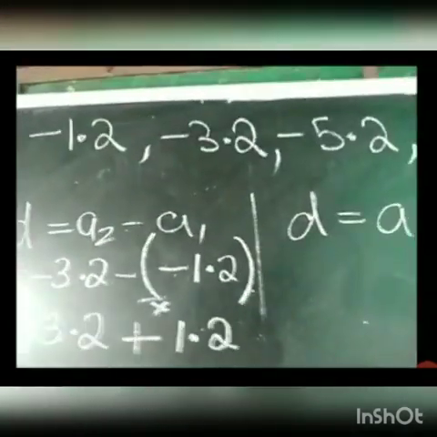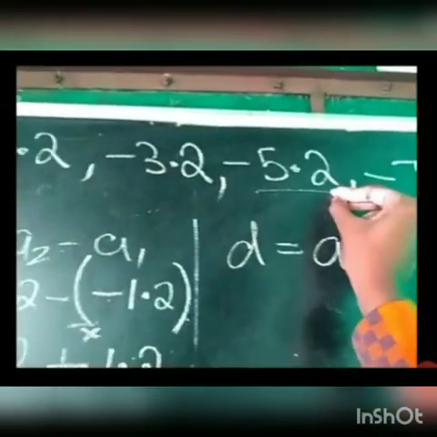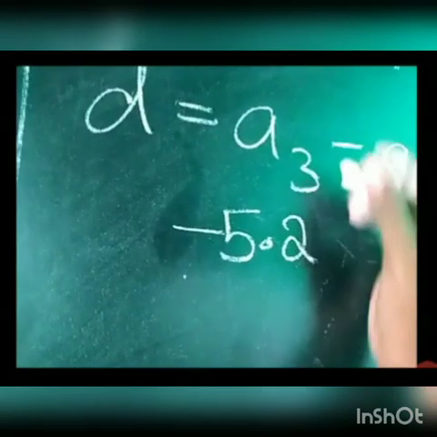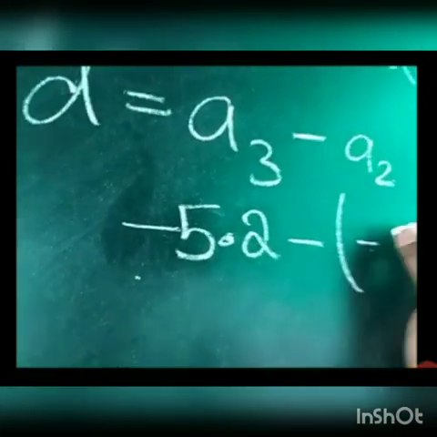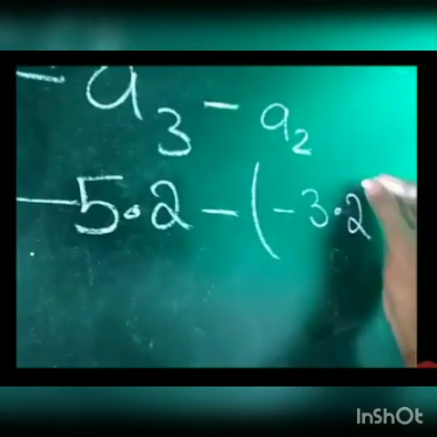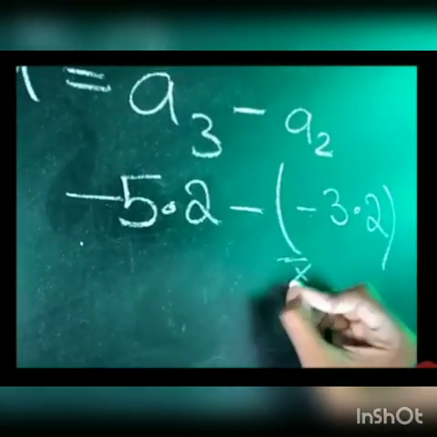Let us find the common difference for this also. D equals A3 minus A2. A3 in this sequence is minus 5.2. A2 is minus 3.2. So A3 is minus 5.2. We have a minus sign, write minus. A2 is again a negative value, minus 3.2. Bracket symbol indicates multiplication.